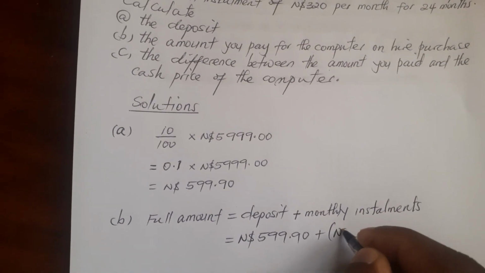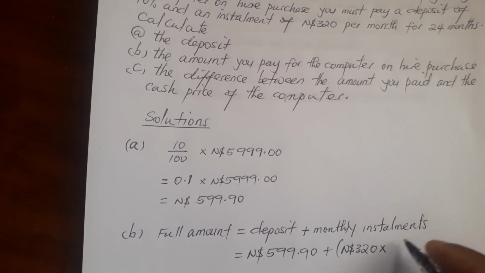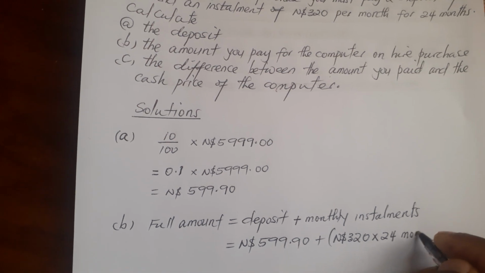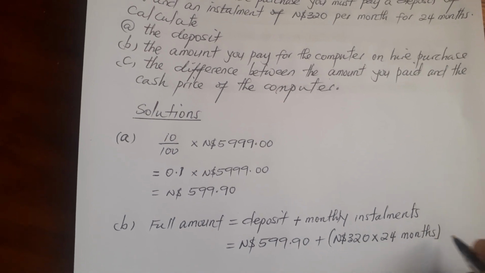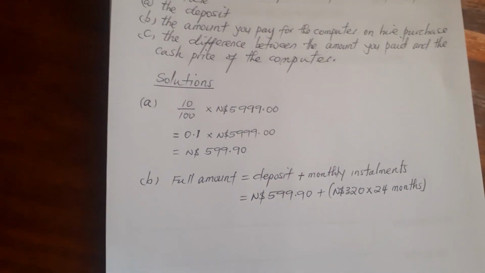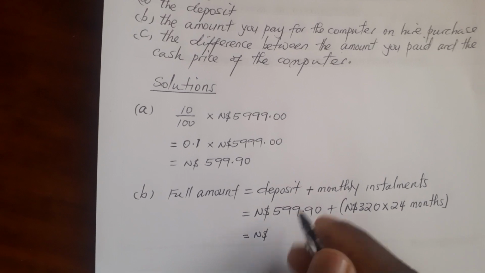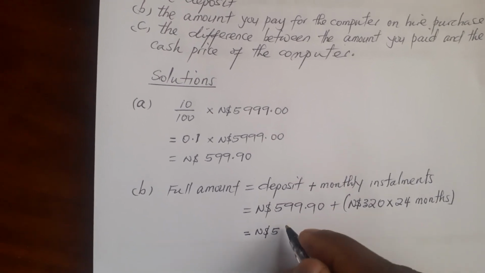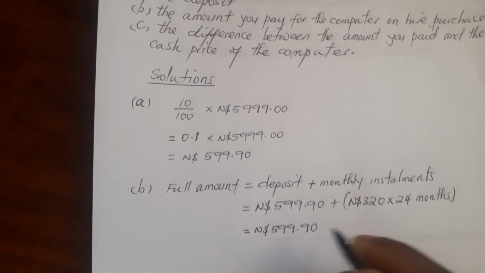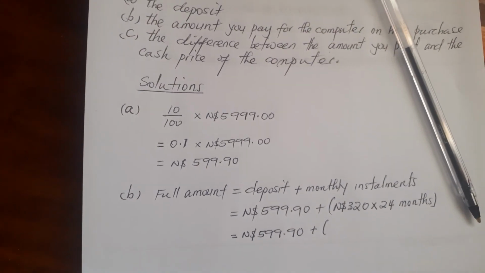Therefore we write 320, we multiply that by 24 months. You can either write 24 months or you can just write 24. It's up to you. Let's do it step by step. We have 599.90 plus, we now have to calculate that.